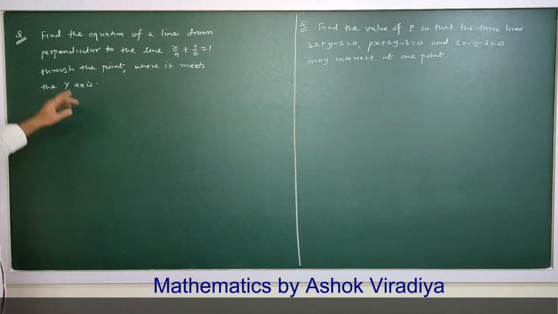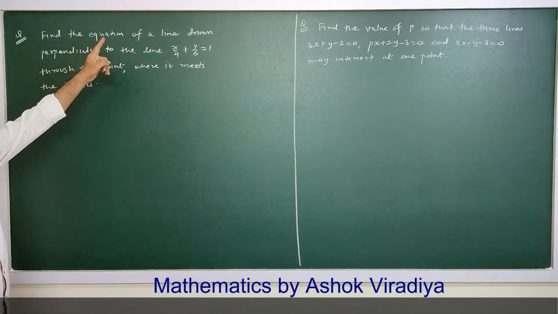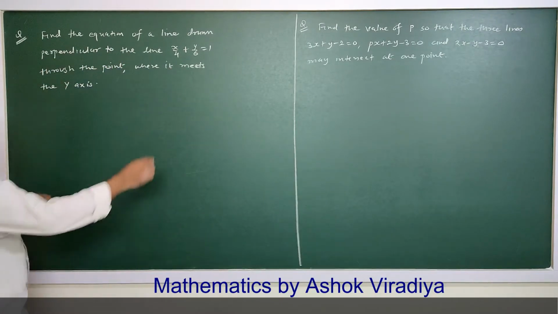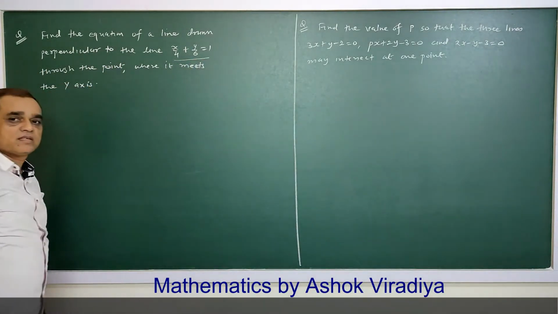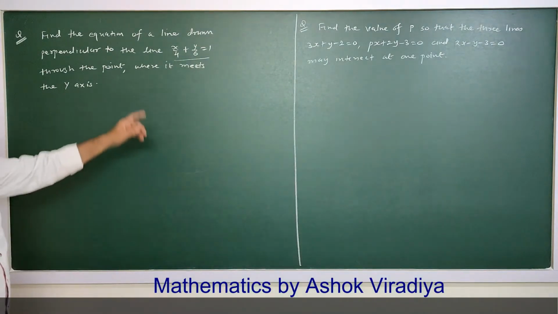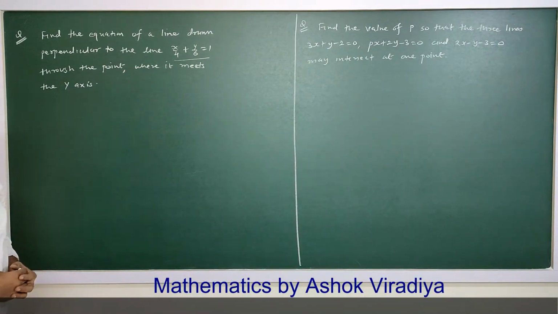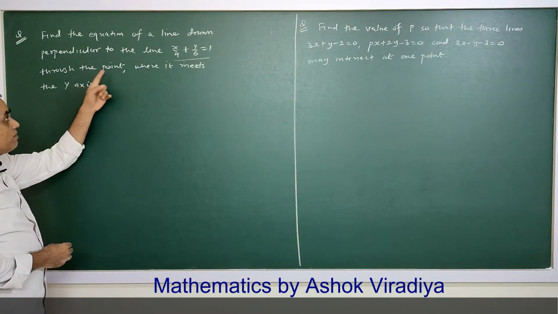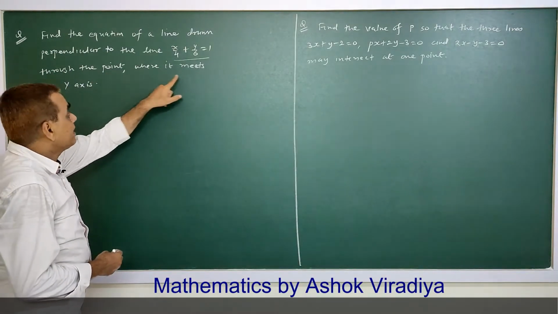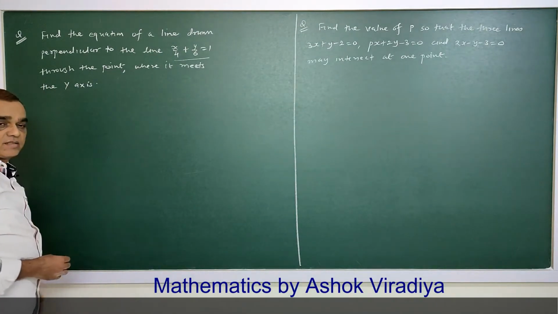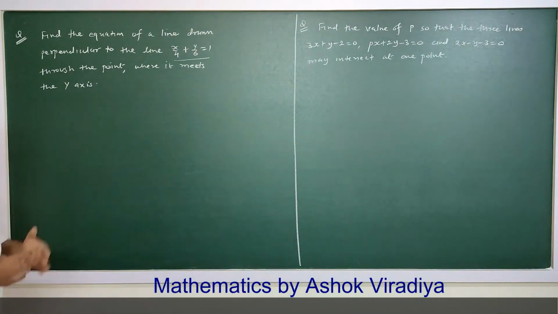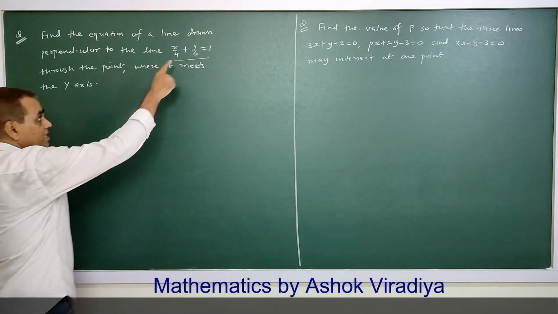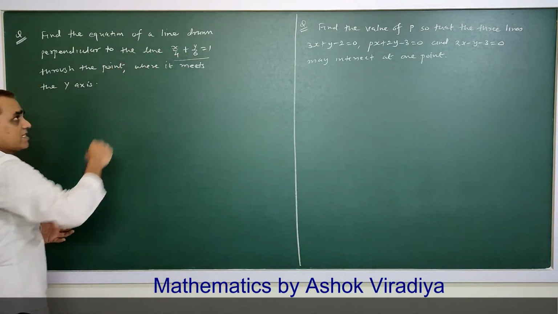Now next question, find the equation of a line drawn perpendicular to this line, passing through the point where it meets the y-axis. So the required line is passing through the point where this line meets the y-axis.